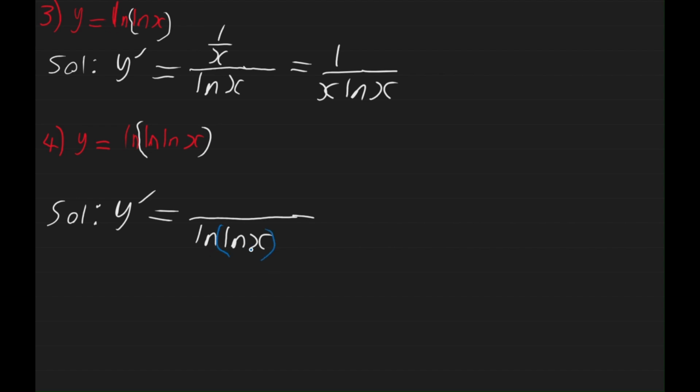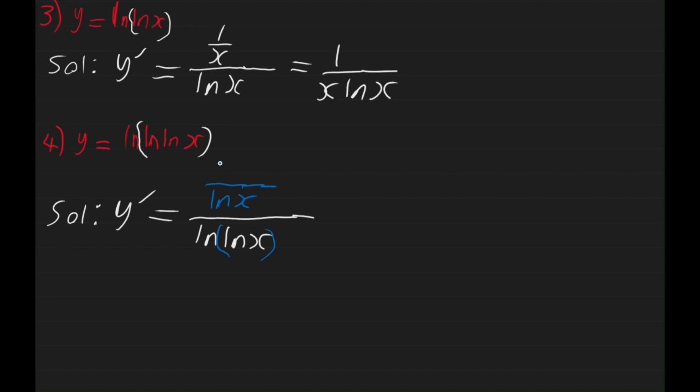This ln contains ln x. So what's the derivative of ln that contains ln x? So we are going to say ln x. Here is e, you don't have to write ln e. Now differentiate the function inside of ln, which is ln x.